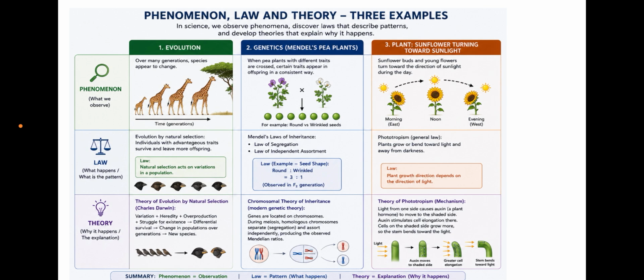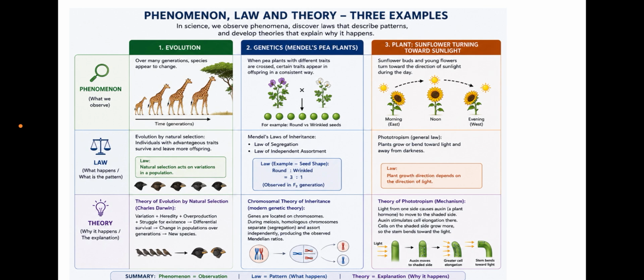Even evolution: when we observe something multiple times, that becomes a phenomenon.